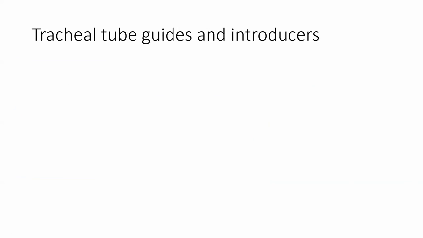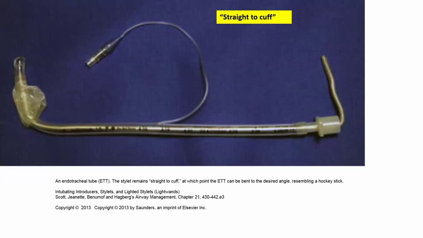Now moving on to tracheal tube guides and introducers. This slide shows what some people call a stylet in a straight to cuff configuration, and quite simply the curved endotracheal tube is now shaped into a hockey stick shape that is straight to the cuff, and then with a pretty sharp bend on it that you can direct when you do laryngoscopy.